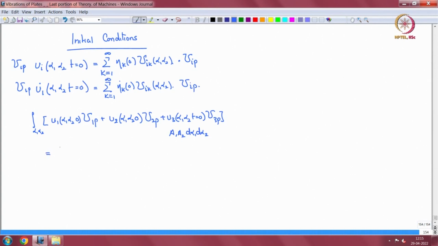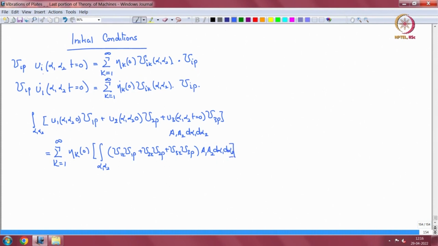On the right we have now a summation k going from 1 to infinity of eta k at 0 and integral alpha 1 alpha 2 of u1k u1p plus u2k u2p plus u3k u3p a1 a2 d alpha 1 d alpha 2.